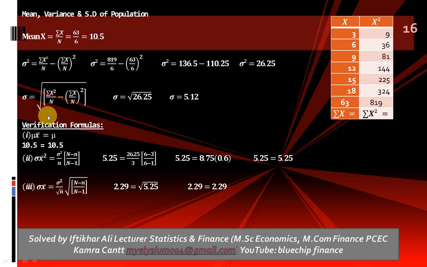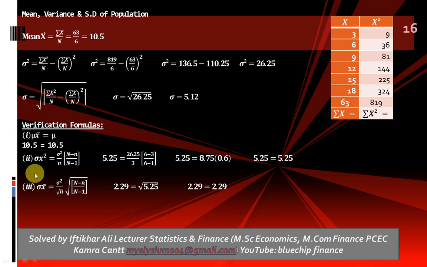Now we move to the third part of the question, and that is the verification of sample statistics with the population parameters. So the sample mean is equal to the population mean. Always, in case of with or without replacement, the sample mean is always equal to the population mean.